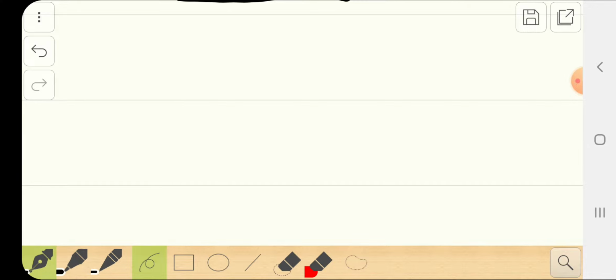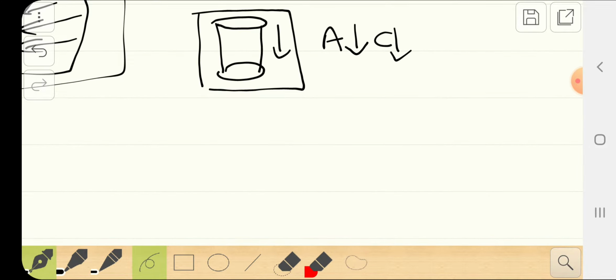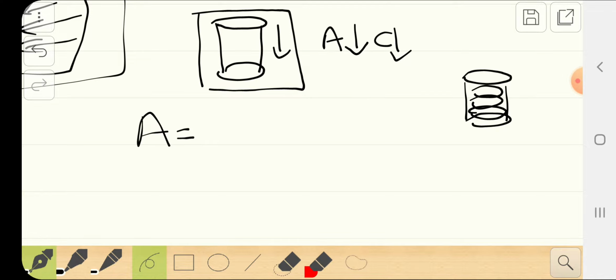Okay, so as a cylinder, if you take the surface area of the cylinder, it consists of small rings, right? Small rings make up the whole of the cylinder. That means a ring has a perimeter which is 2 pi r, right?